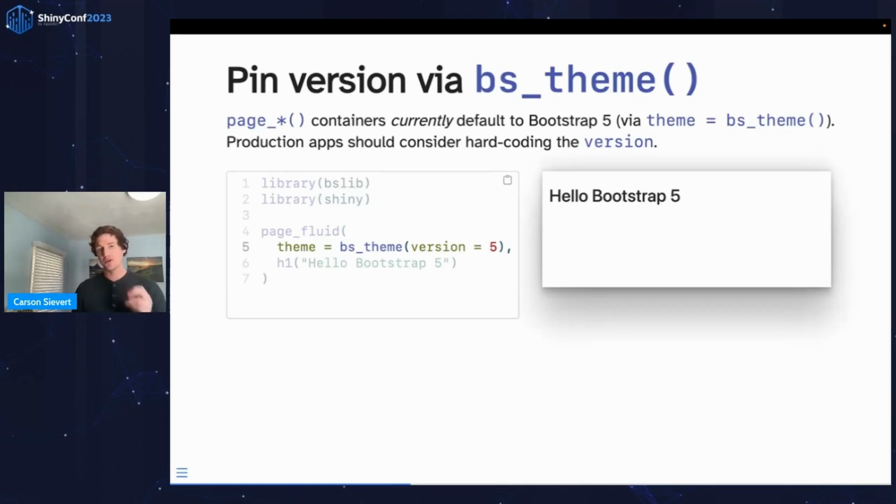So if you're using bslib in production, it's a good idea to pin the version of Bootstrap to the current version, so that when you upgrade bslib in the future, you're not surprised by Bootstrap-specific features you are using that happen to break with a more modern version of Bootstrap.